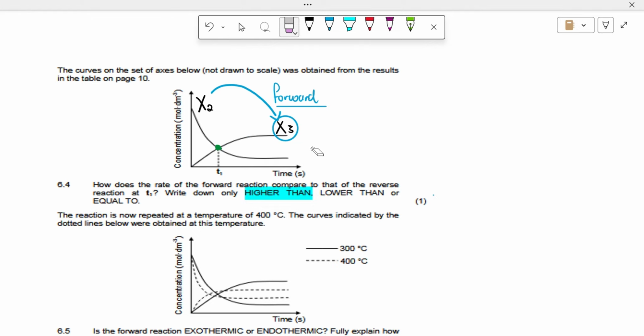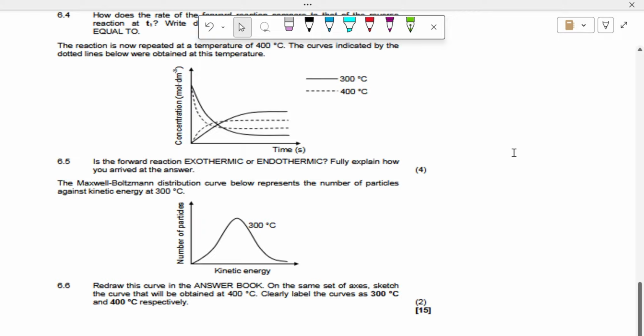The rate of formation of X3 is what they're basically asking about. Will it be higher than, lower than, or equal to that of the reverse reaction? And obviously, it should be higher than, right?